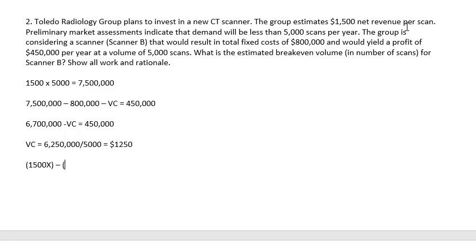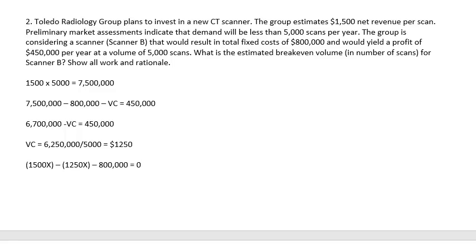We've calculated our variable cost per scan, and that is $1,250 times X number of scans. Again, we don't know the number of those scans yet. And the easy part is we do know our fixed costs. That's 800,000, or 800K, like we like to say. And this is where a lot of people kind of mess up. Zero. We want zero. How do we get to zero from this point?